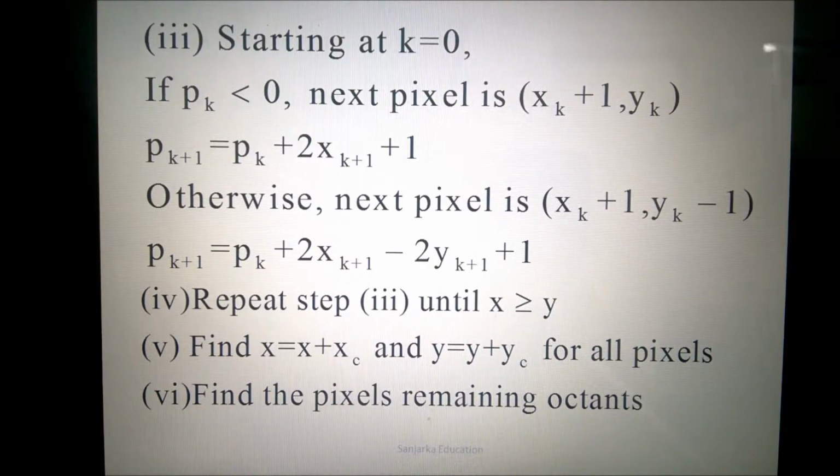After that, we have to find the remaining 7 octants. We have to find the pixel coordinates of the remaining 7 octants, and those can be found with the help of this octant coordinate that I'll show.